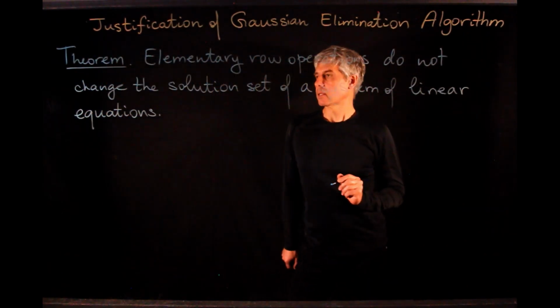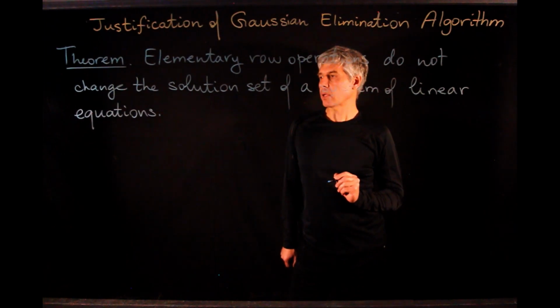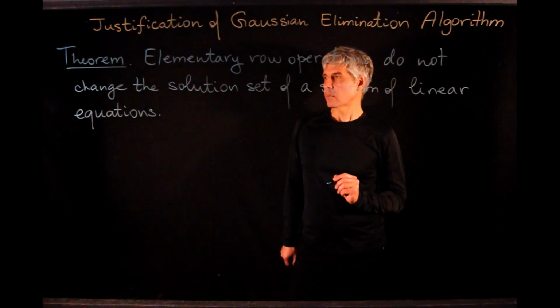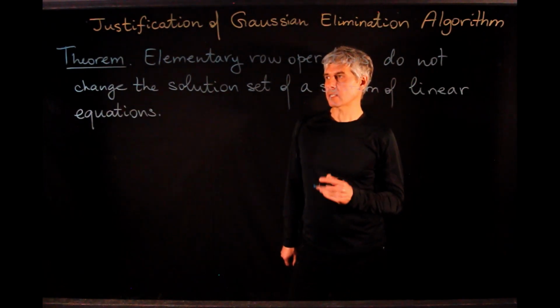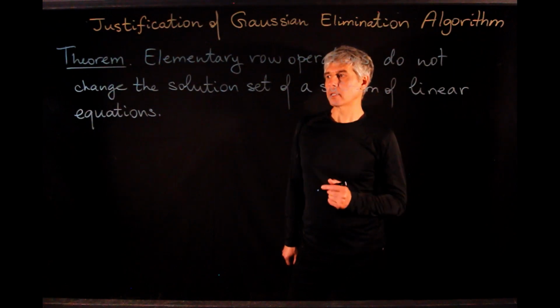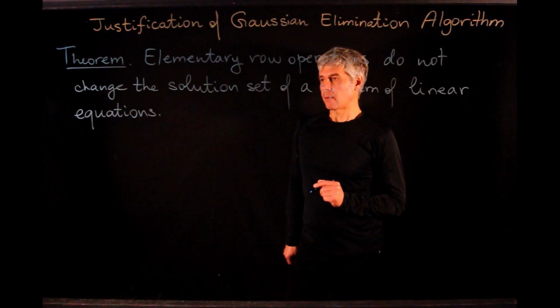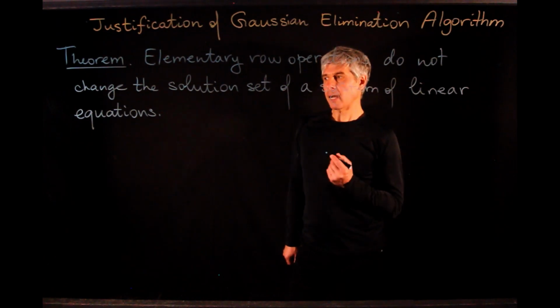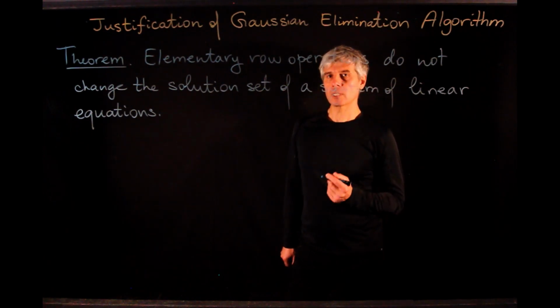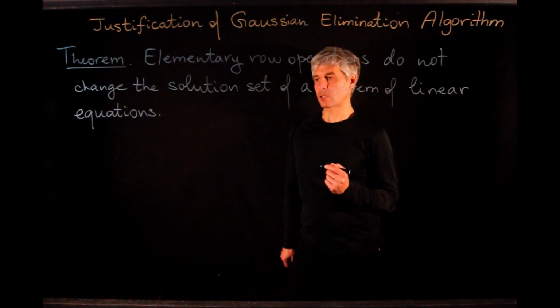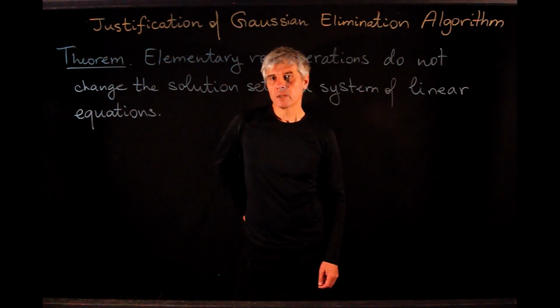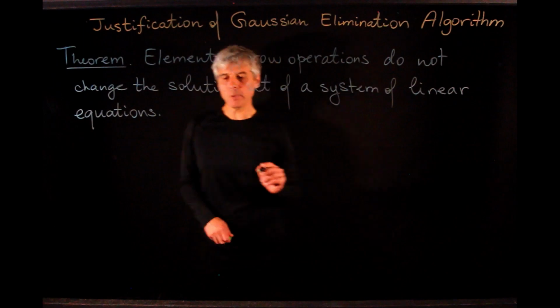Now, how are we going to prove this? When we prove theorems, it's important to understand what is given and what is our goal and destination that we need to reach. But in order to understand this, we first need to set up some notations. In this case, we have two systems of equations.